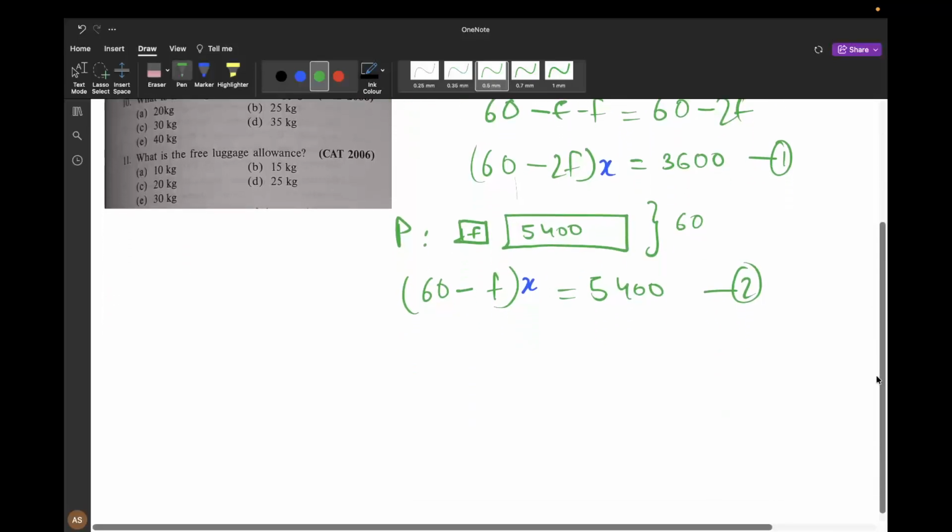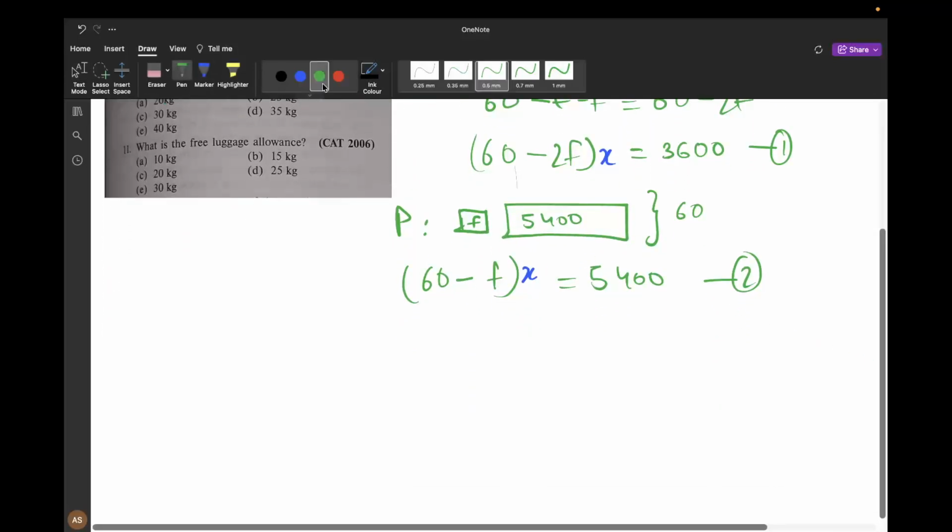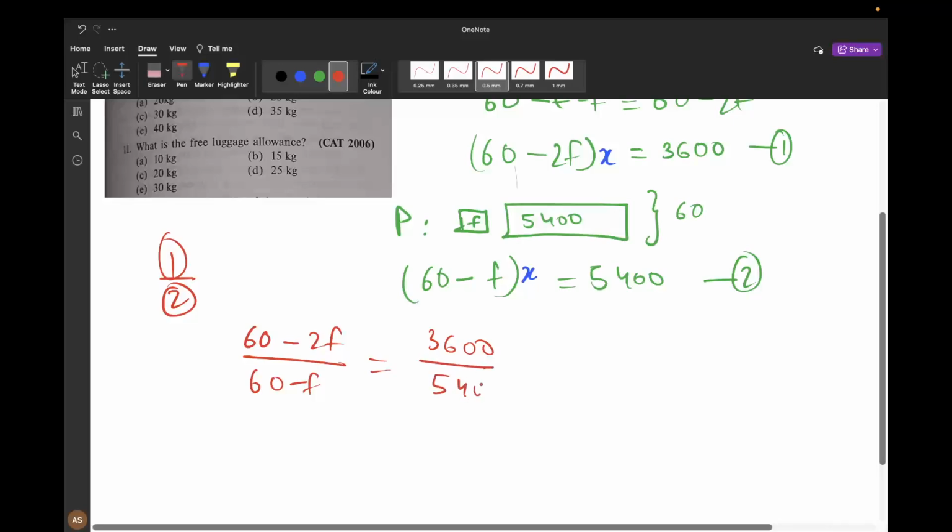I think you guys can easily see now how to approach and calculate further. We'll divide equation 1 by equation 2. So x and x get cancelled. We are left with (60 minus 2f) by (60 minus f), which equals 3600 by 5400.